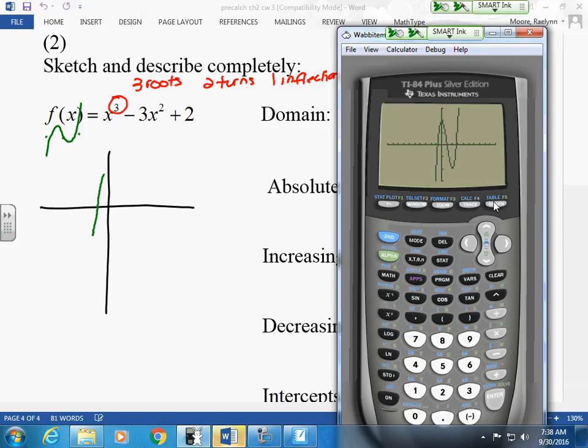All you're doing is this. This is a sketch. We're going to have a point here we have to talk about, a point here we have to talk about, and these guys.